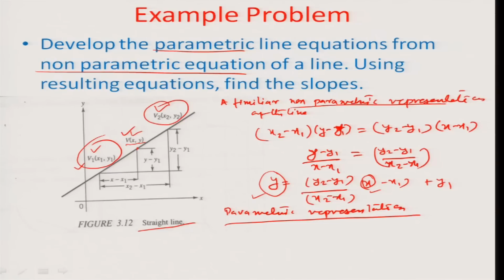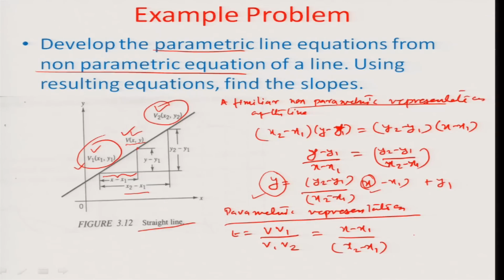We add a parameter t and define t in a manner so that t is described by the fraction of x length, that is x minus x1, as a part of the overall length in the x direction, x2 minus x1, of the particular straight line.